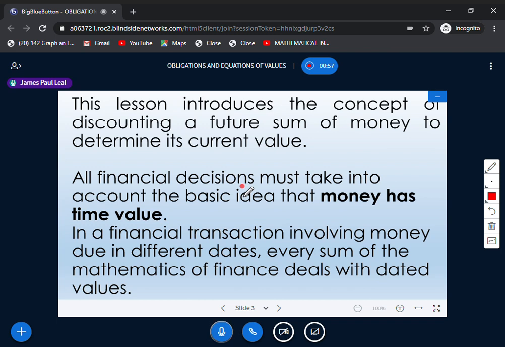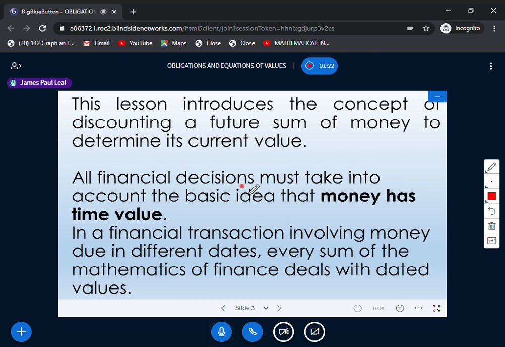That is one of the fundamental calculations underlying the mathematics of finance. This lesson also introduces the concept of the time value of money and equations of value, which allow us to accumulate or discount a series of financial transactions and are used to solve many problems in financial mathematics.